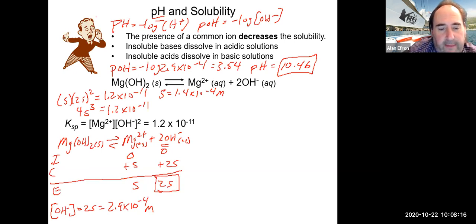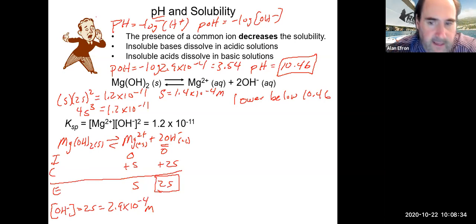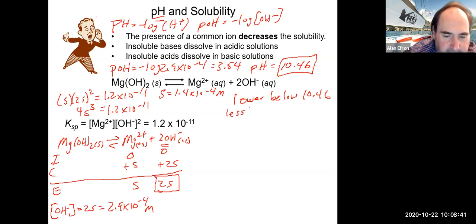So we want to think about what would happen if, for example, we take a pH and we lower it. If we lower it below 10.46, so a pH of less than 10.46, the only way to do that is you would probably have to add some acid.